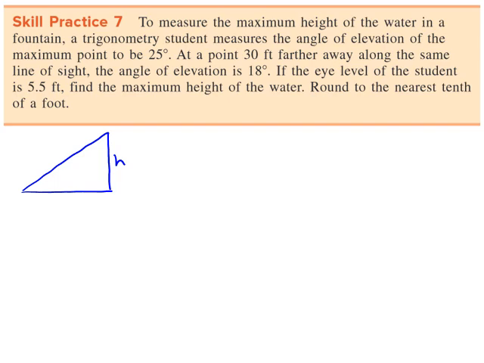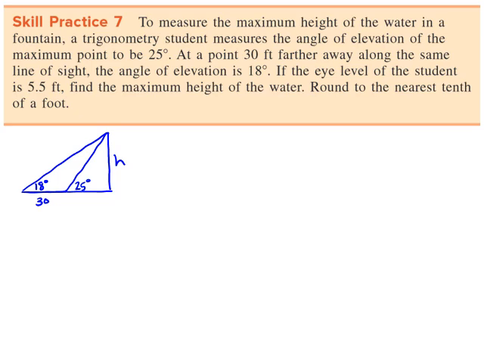So let's see, this angle of elevation here is 25 degrees. And then the person goes 30 feet further, so this is 30, and the angle of elevation is 18 degrees.